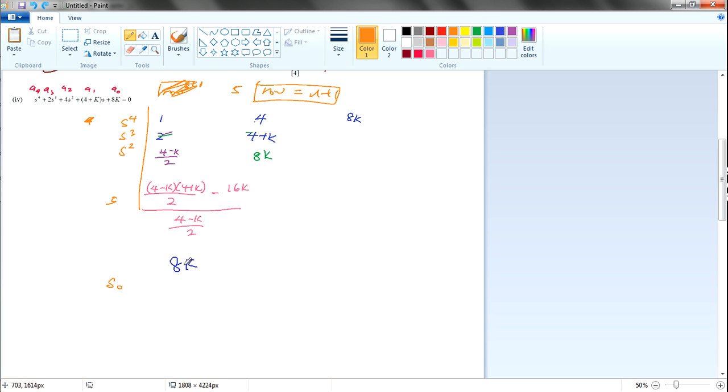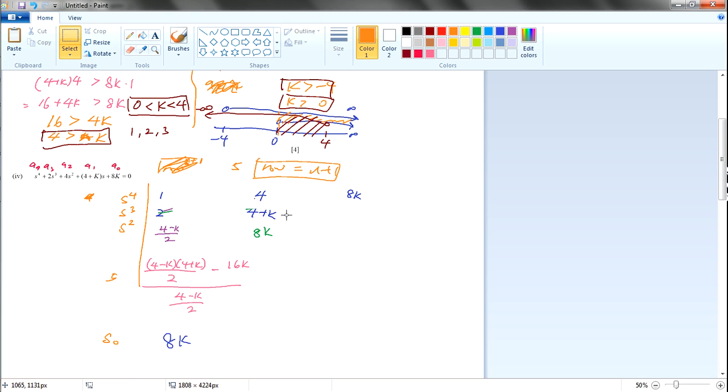This is why I realized that, because in the end, this zeroth order has to be 8k, the same as your a naught, because your a naught will travel all the way down over here. So this is the portion where you can actually check whether your Routh array has some wrong calculations. This is just one key process, but I thought it would be good for me to do a review for this one.